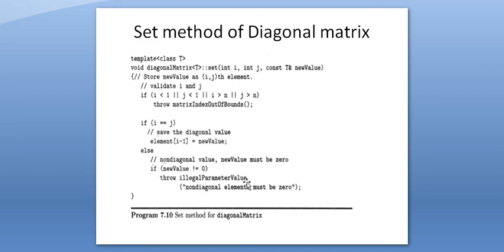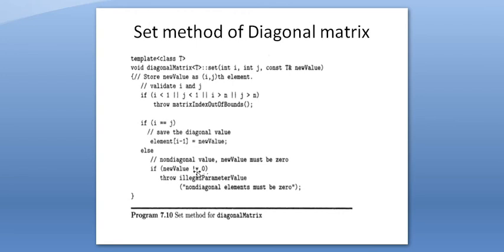Suppose it's not a diagonal, then this condition will be true. If i is not equal to j, what happens? Else, if new value is not equal to 0, which means you're not looking at the diagonal and the value is not equal to 0, then you have an exception, illegal parameter.